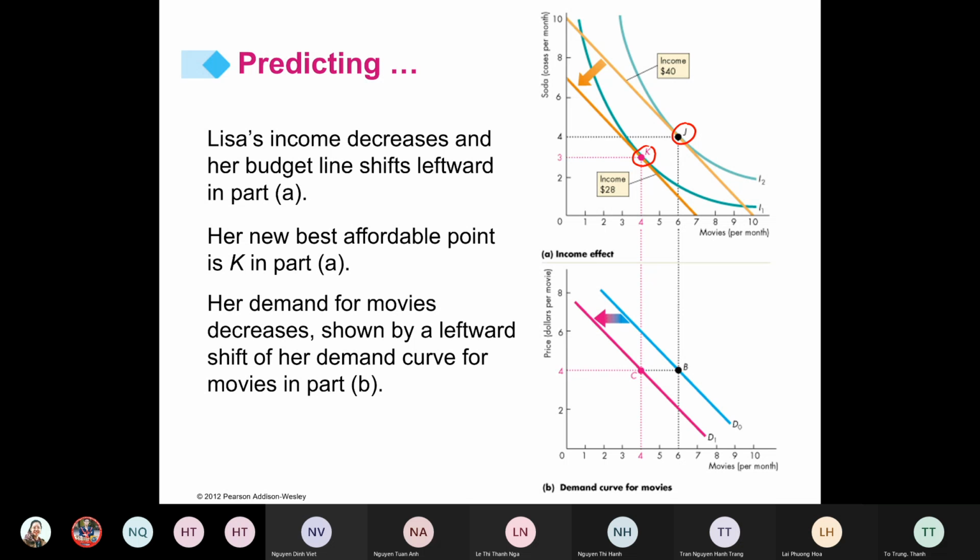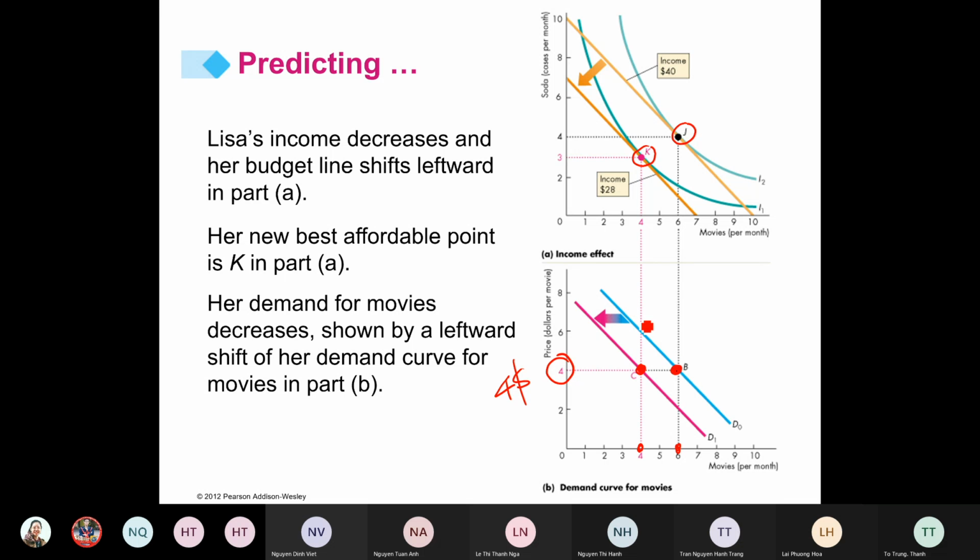So what happened to the below figure? In the below figure, remember, the price of movies stays the same, nothing changed. So we have point C, the price is still $4, but in this case, movies is 4 instead of 6 previously. So we have point B, now we have point C for Lisa.